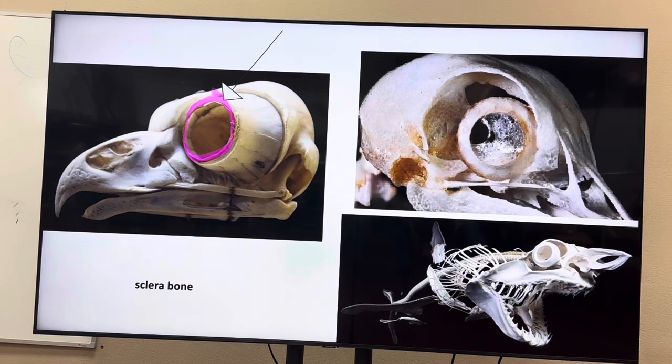So how do the muscles of the eye in dogs or domestic mammals attach to the eyeball? What's the association between the extrinsic muscles of the eye and the eyeball?